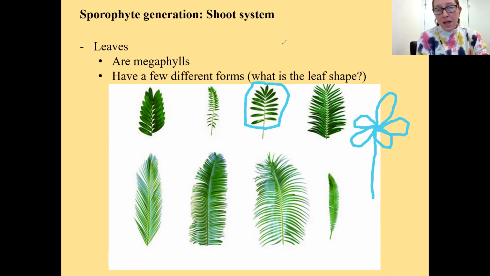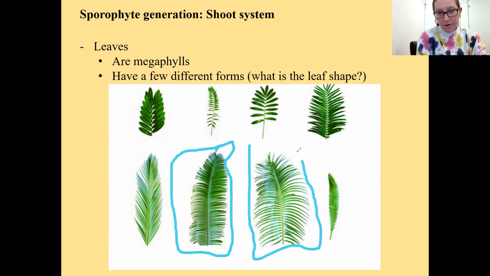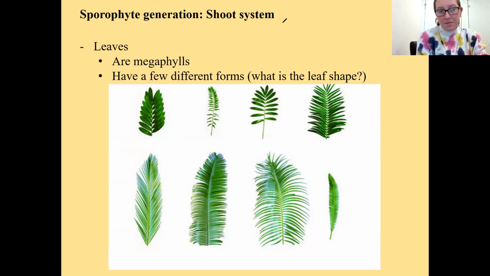Whereas pinnately compound is our other option, and it looks like a feather. And you would agree, this looks like a feather. This totally looks like a feather. Even this one here. And maybe this one doesn't look the most like a feather, but it definitely is pinnately compound.